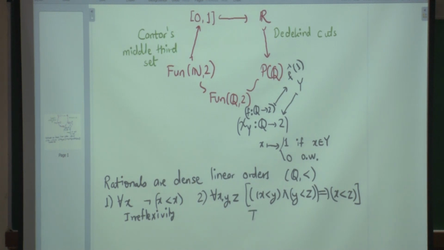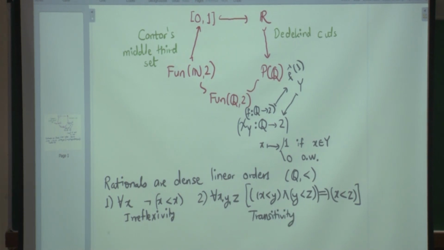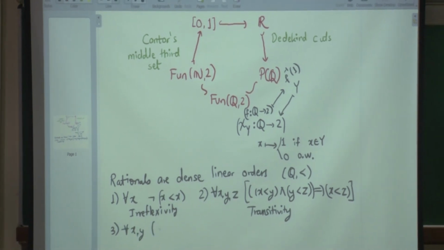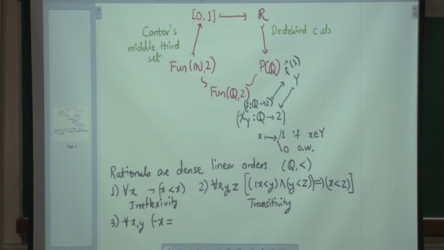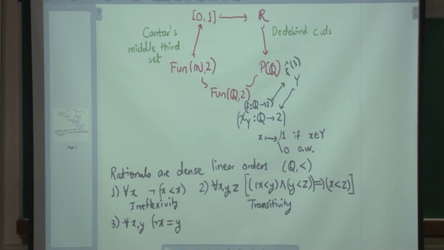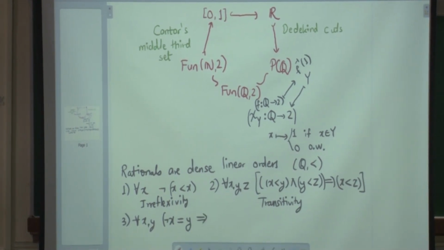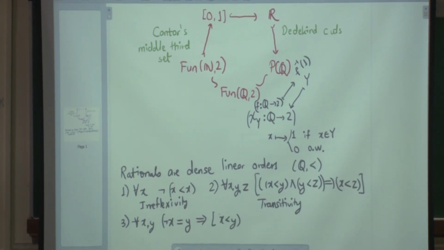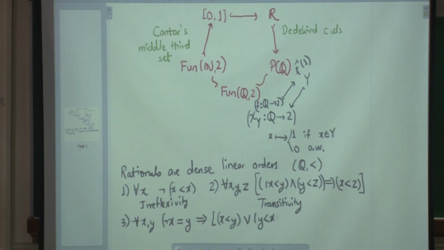Second property is transitivity, all of you know this. And the third property is that for all x and y, if x is not equal to y, then this will imply that either x is less than y or y is less than x. All of you agree with this?